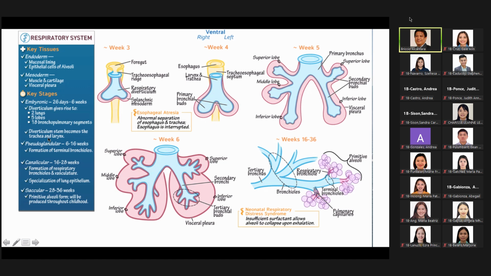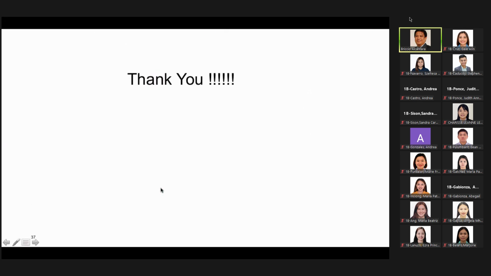So if you follow the phases now, you're going to see from your embryonic to fetal. So pseudoglandular, glandular phase, okay, terminal sac phase, and alveolar phase, class. And that would be the last slide.